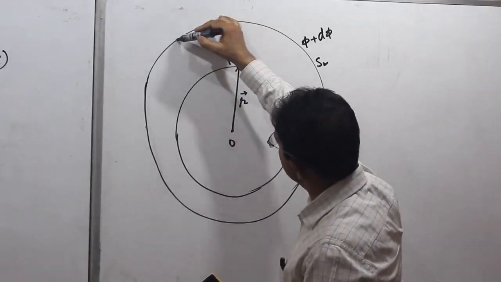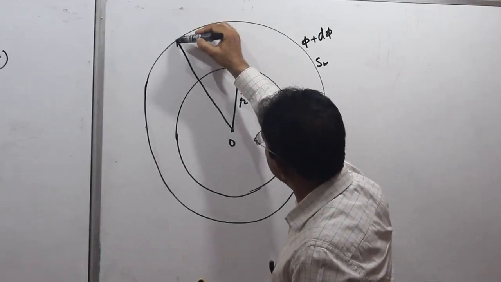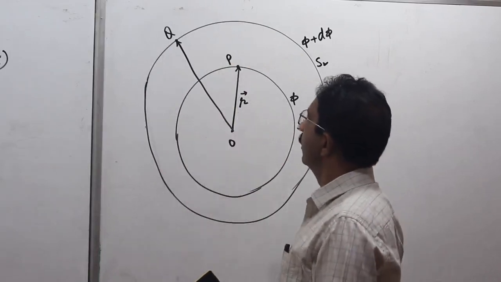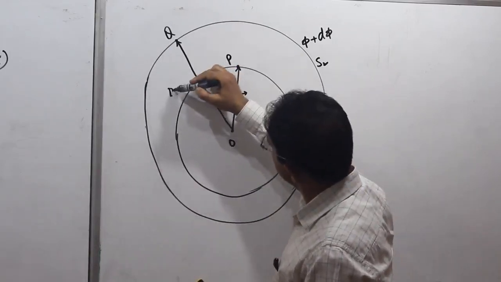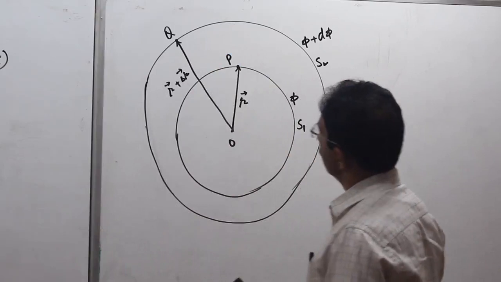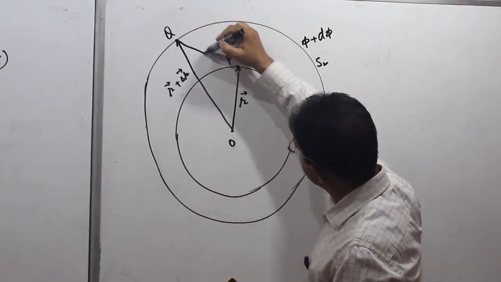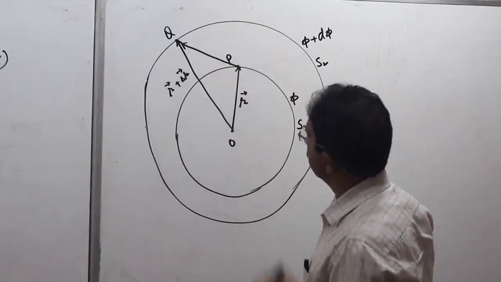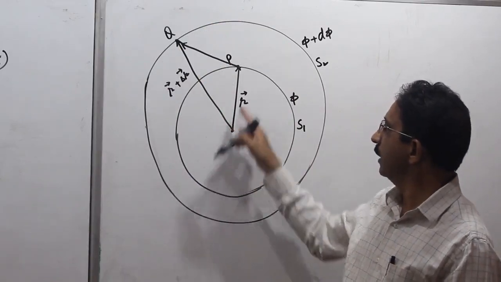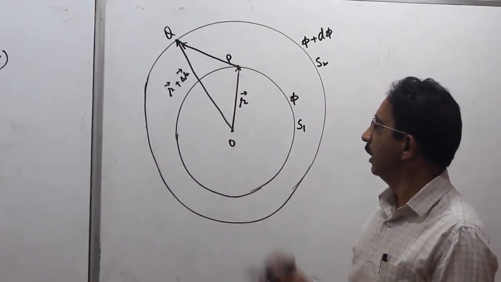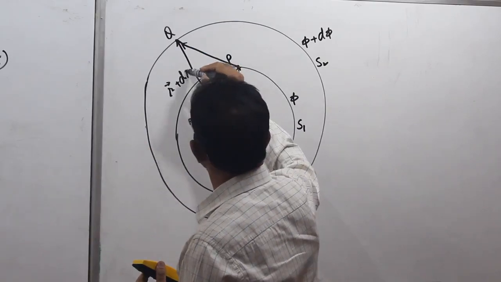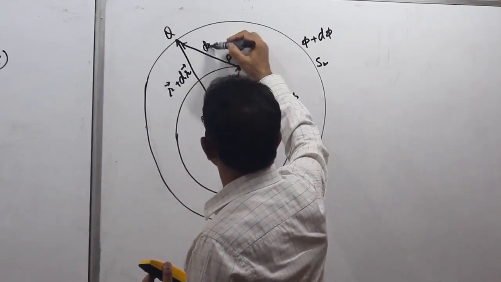I take another point Q on surface S2, and let the position vector be r plus dr. So you'll agree कि जो ये vector है अब, this vector is the change in position vector. अगर आप triangle law फिर से यूज करें, r plus dr would be equal to r plus delta r. So I'll call this as dr.